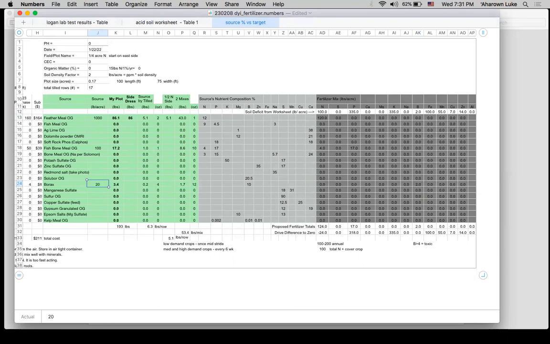So now I'm done with this input, and you can see I drove the difference to zero. And so that's what I'm looking for, is all of these to equal zero, because I'm getting the deficits all put in there. So this is the general idea.